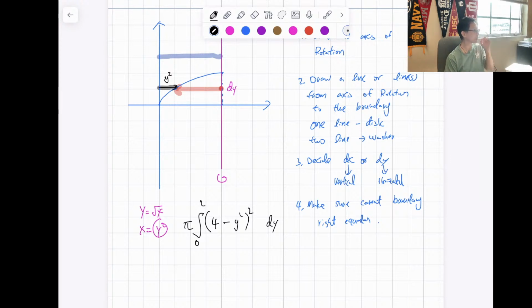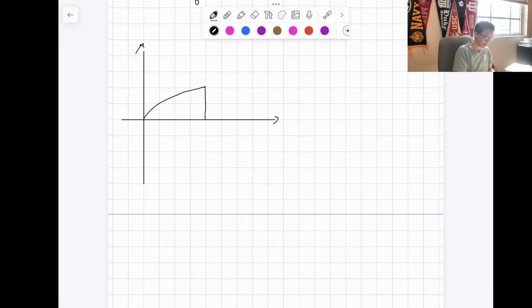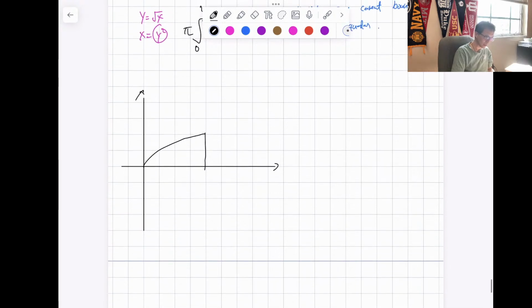Okay, then I'm gonna give you a new one, with the same graph. I'm gonna give you a harder one. It's rotating here.